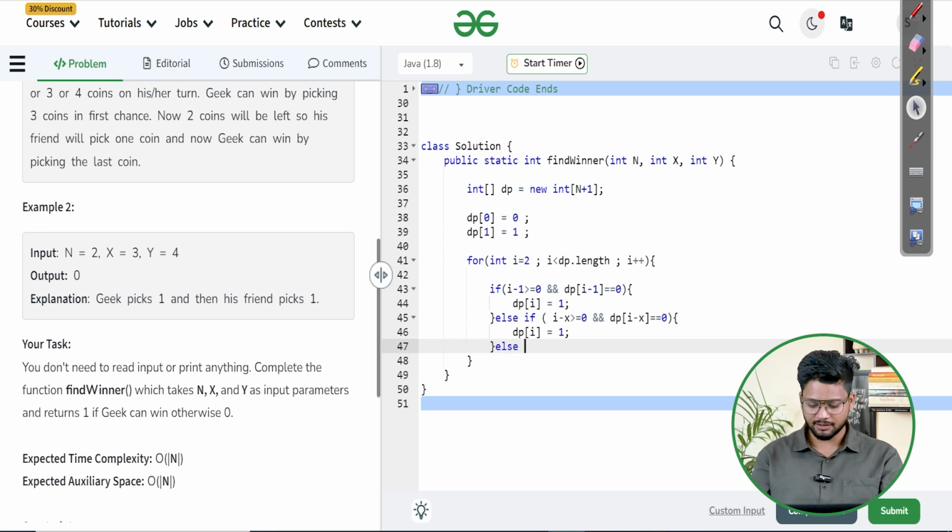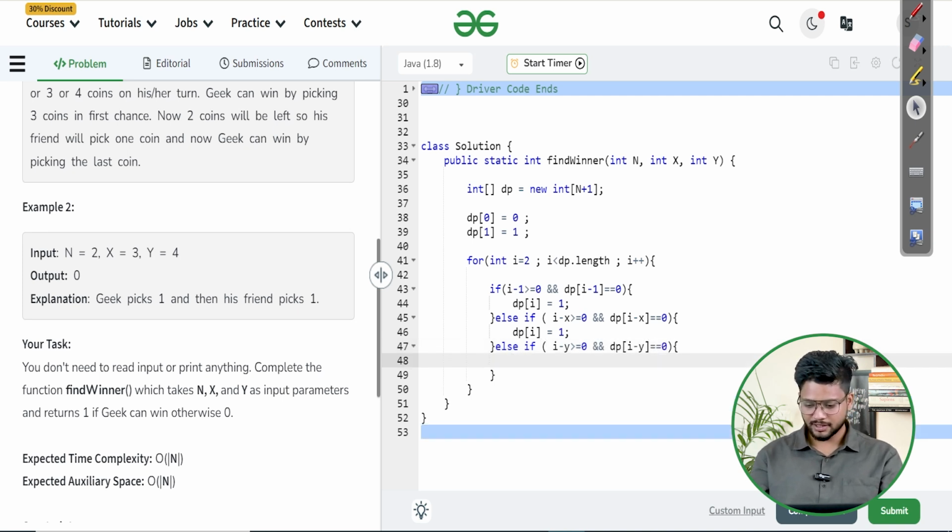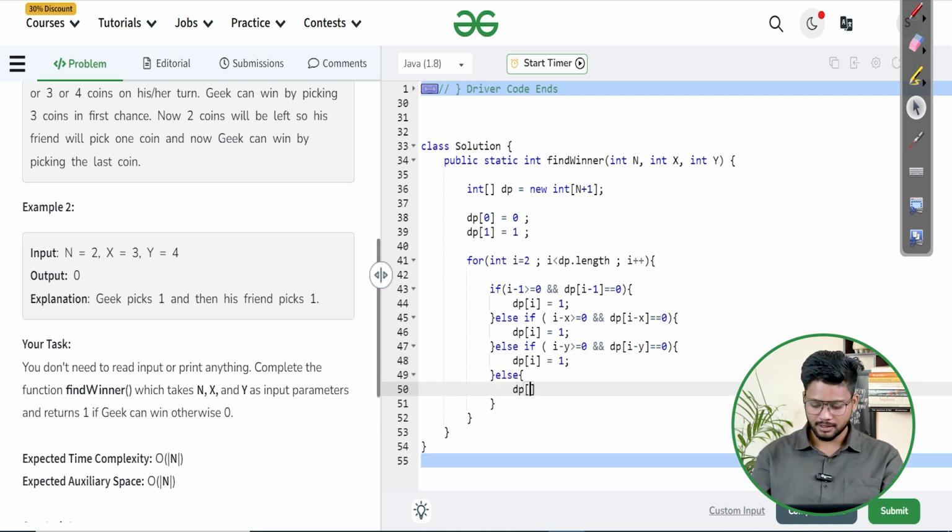Else if we have to check for y as well: i minus y is greater than or equal to 0, and dp of i minus y equals 0. Then dp of i equals 1, and in all other cases it is going to be 0. It is not possible to win for this part.